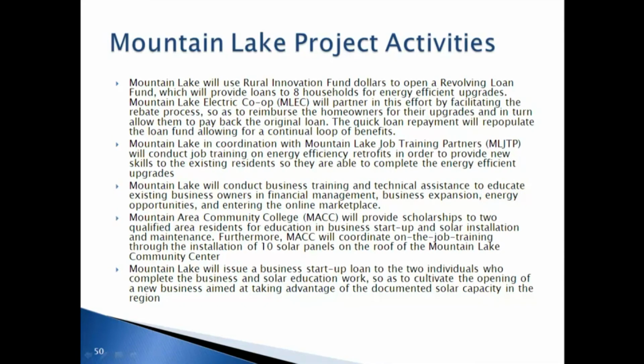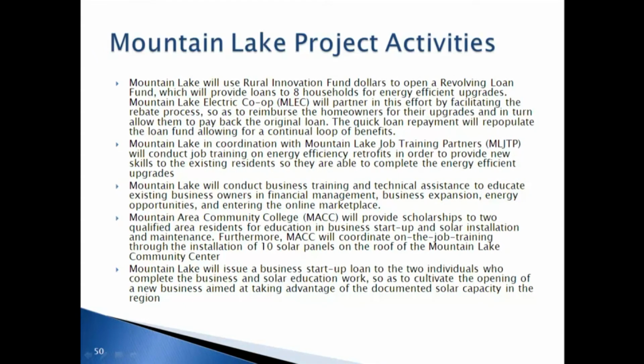This housing rehab is going to be focused on energy efficiency upgrades, and the upgrades are going to be supported by rebates coming from the partner Mountain Lake Energy Co-op, and these rebates will assist the homeowners in paying back the loans that were given for the housing rehab, and these paybacks will form the cycle of the revolving loan fund, so the revolving loan fund can go on to support further housing rehab efforts.